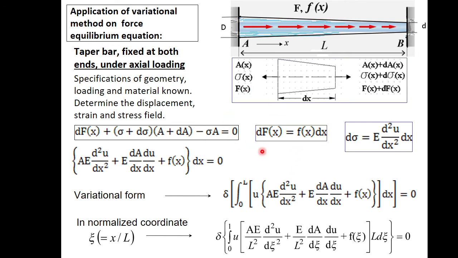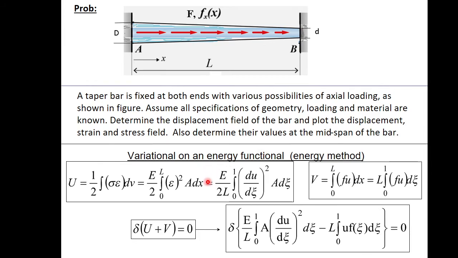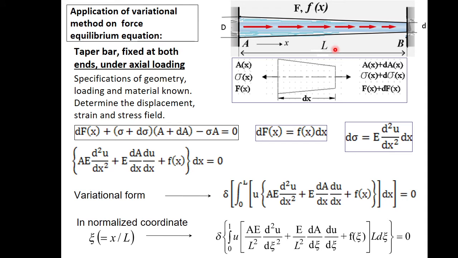Here what is done is, instead of this energy, a force balance is carried out. So this is an alternative approach in which first the applied force over an element is carried out.